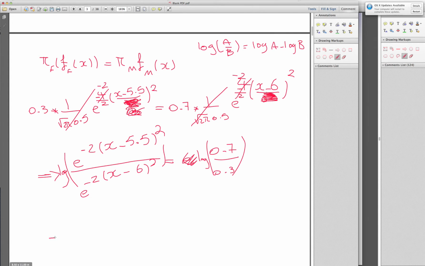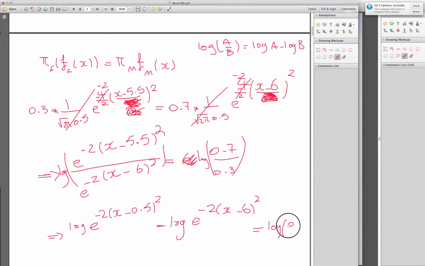So that would be, therefore, log of exponential negative 2 x minus 0.5 squared minus log, that is natural log, by the way, e negative 2 x minus 6 squared is equal to log of 0.7 divided by 0.3.